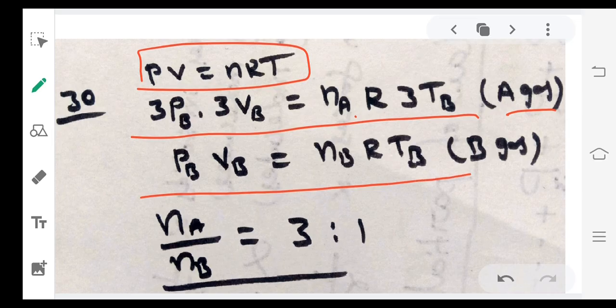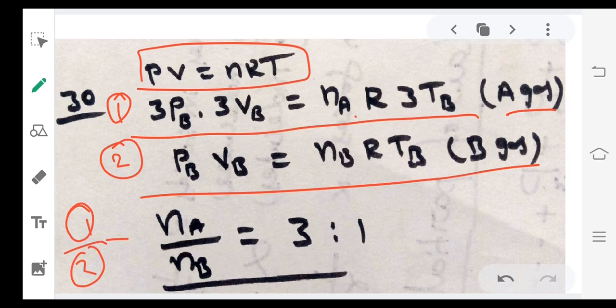And for gas B we can write this equation. This is equation 1, this is equation 2. If you take equation 1 by 2, you will get Na by Nb equal to 3:1. This is the answer.